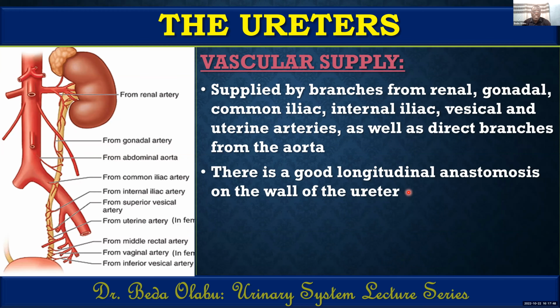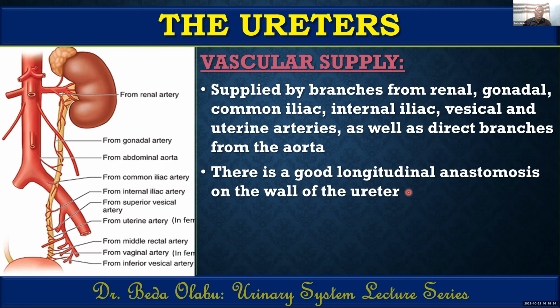That means that if there is a segment of the ureter that has a problem, it can actually be surgically resected, removed, and the good parts anastomosed, and you still expect good healing. Because we are saying each segment of the ureter is richly supplied by those segmental arteries. So it's possible to do resection and anastomosis of the ureter with good healing outcome because of the rich and segmental pattern of blood supply to the ureters.